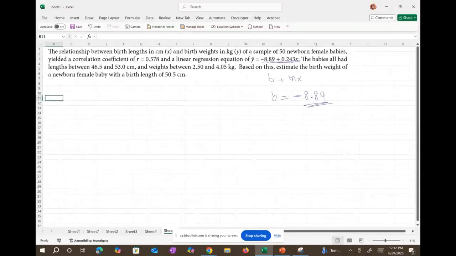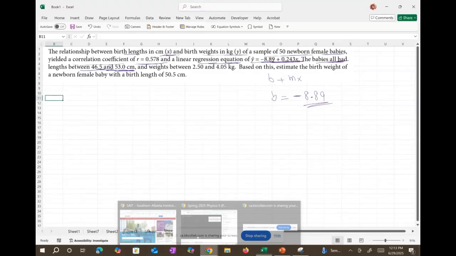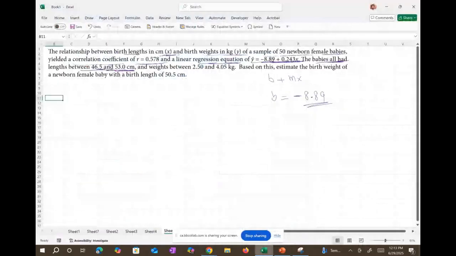The relationship between the birth length in centimeters and the birth weight in kg of a sample of 50 newborn female babies yielded a correlation R value, which is given to us, and a linear equation of y equal to this. The babies all had length between 46.5 centimeters and 53 centimeters, and the weight is between 2.5 and 4.05 kg.